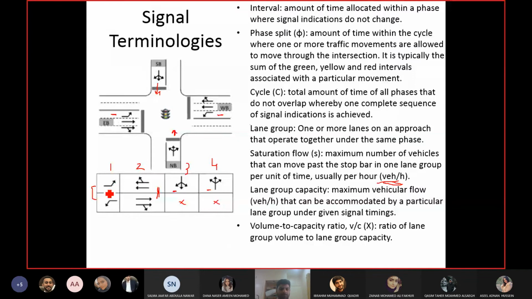It means the same thing, or they are used in the same manner. So highest V by C ratio or highest V by S ratio. If this left turn has the highest V by S ratio, then this will become the critical lane group, and vice versa. Same thing here as well.